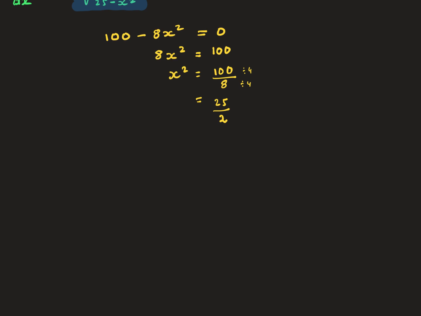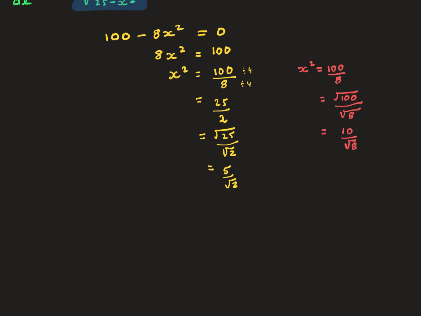Whereas on the other side, I might say no, I'm going to find the root of 100, and the root of 8. So on the left-hand side I now put the root of 25 over root 2, and I can continue and say, well, root 25 is 5 over root 2. But on the right hand side, I've ended up having 10 over root 8.